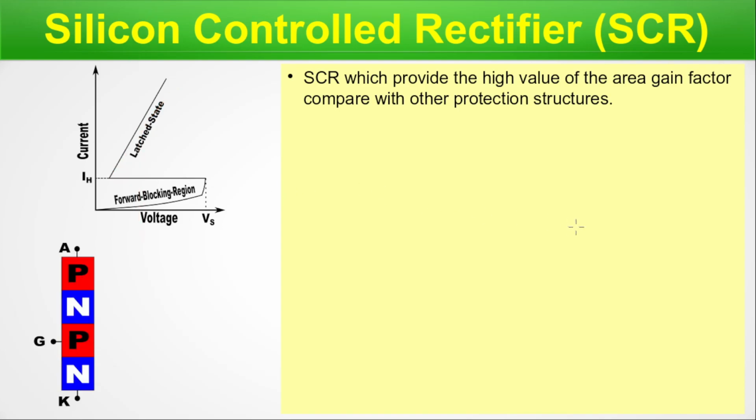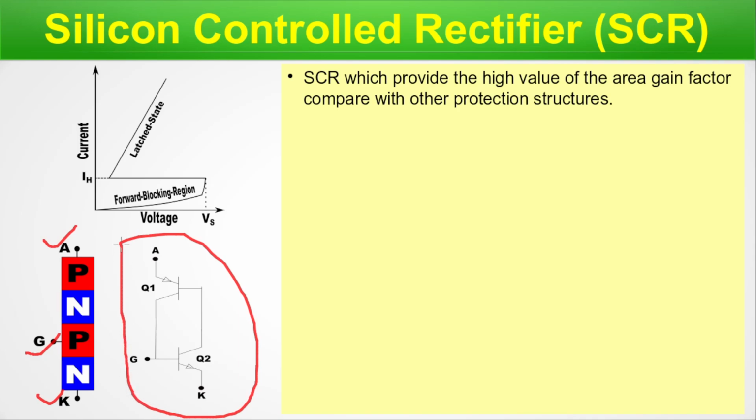Here is the representation of the PNPN SCR structure. We have anode, cathode and gate here, and here is the BJT equivalent of this circuit. In theory, we also deal with the BJT equivalence, and that's why I have given this particular schematic here, although it is not very important right now for our discussion, but just for your knowledge we have posted it here.